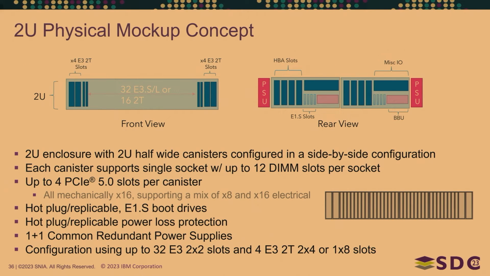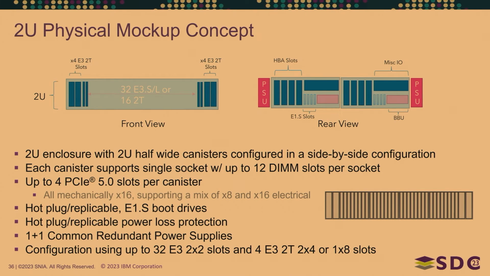Looking at the 2U, you can see it's fairly trivial to design a good 2U server around this concept. You can have a 2U enclosure with dual redundant 2U half-wide compute canisters in a side-by-side configuration.